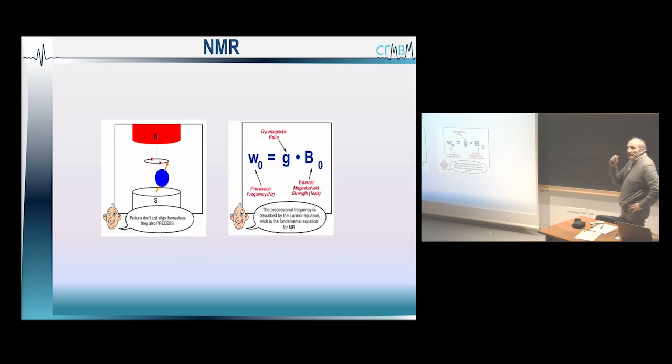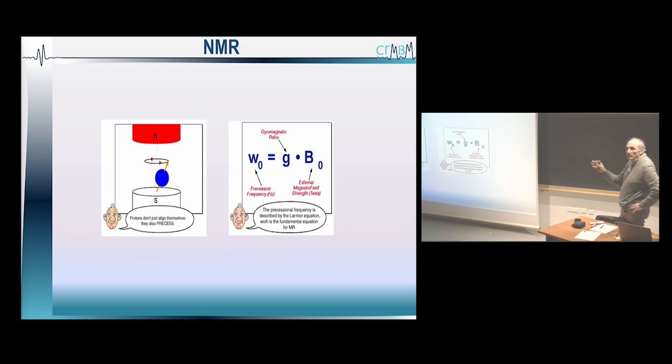And if there is only one formula you need to know, it is this one, no more than that. The frequency of this precession, omega 0 in here, is directly proportional to B0. B0 is the magnetic field, you remember? With a ratio in here, which is called the gyromagnetic ratio, which is specific for each type of nucleus.